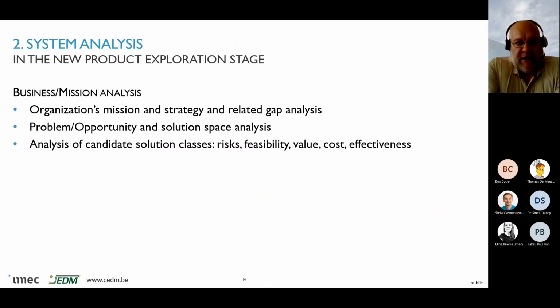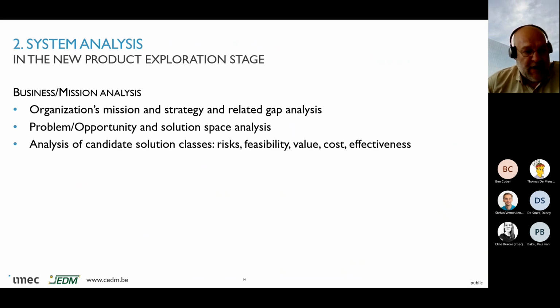If you look specifically at the exploration stage, and at the activities we do there, the business mission analysis, as the name says, is an analysis activity. So the system analysis is, let's say, the main activity in this technical process. And what do we analyze? Well, the organization's own mission and strategy and possible gaps that exist between where the organization is now and where it wants to go.